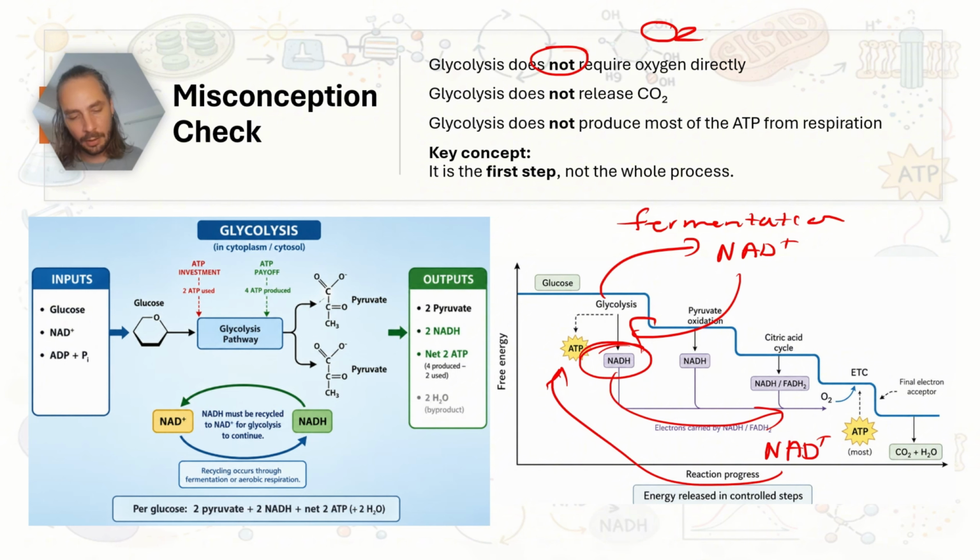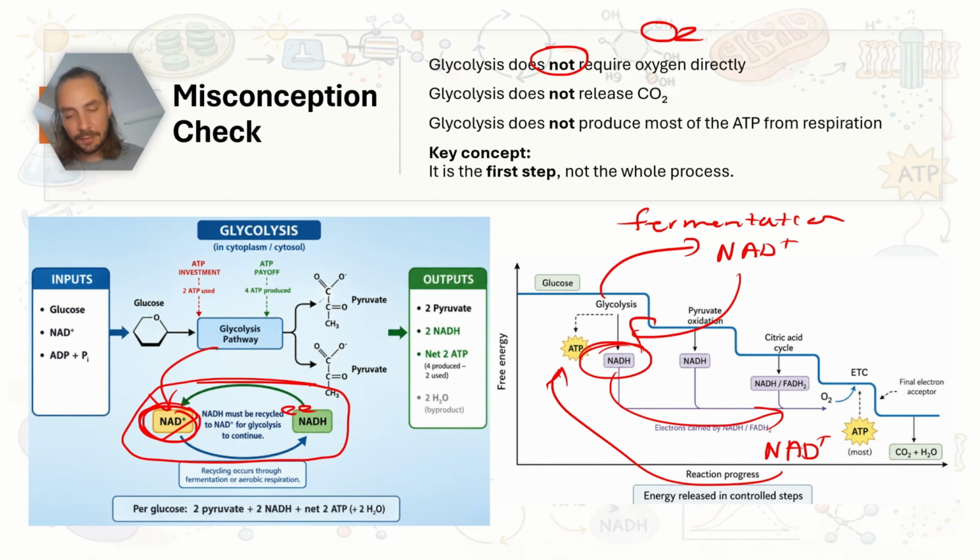Okay, because ultimately this is what we need to recycle. We need to get rid of these electrons so that it can accept electrons again from breaking down glucose.